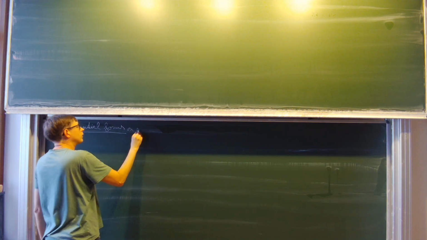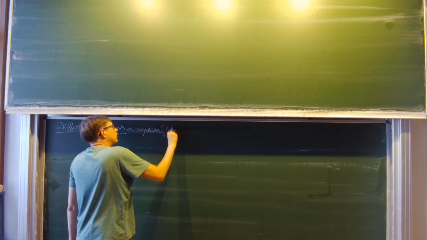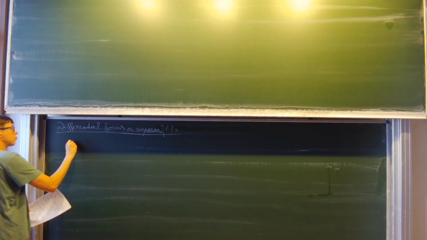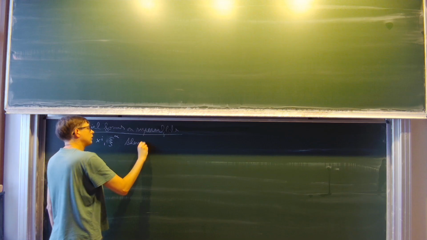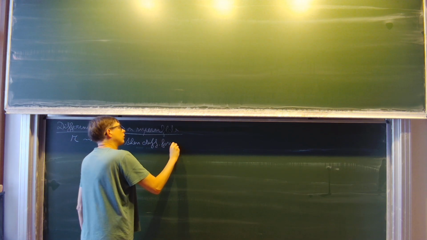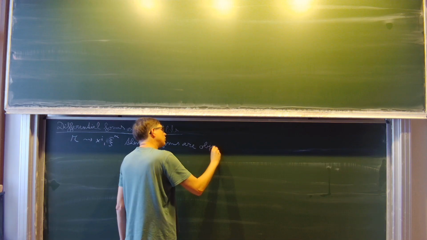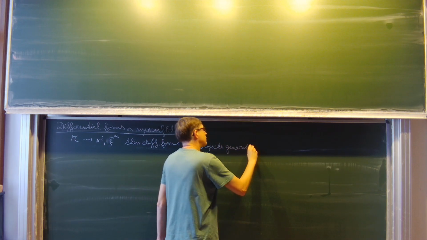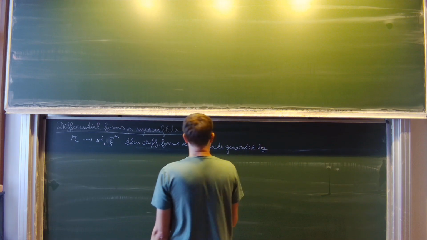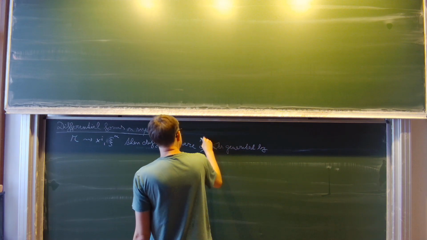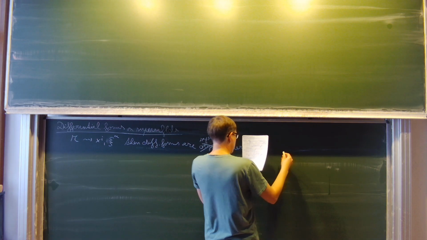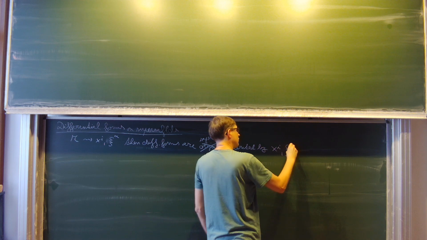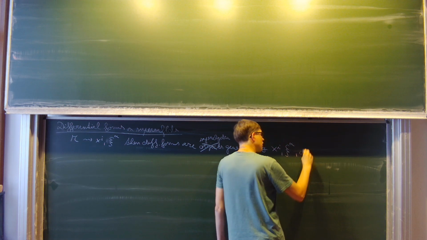Differential forms on supermanifolds. Since we are working in the coordinate approach, if you have your supermanifold with some coordinates x^i and xi^alpha, then differential forms are objects generated, this is a super algebra again, generated by these coordinates, just as we had in the ordinary case of smooth manifolds, but also the differentials.